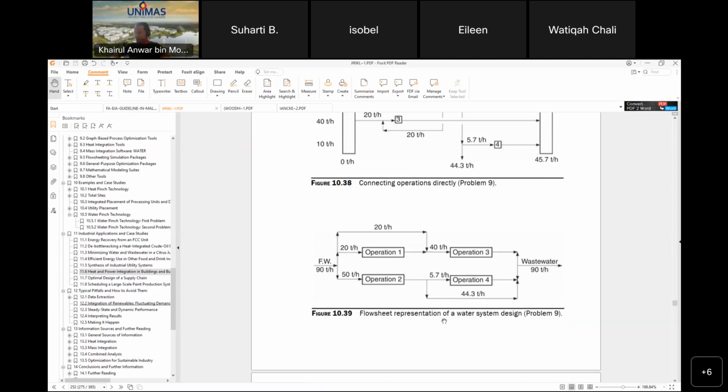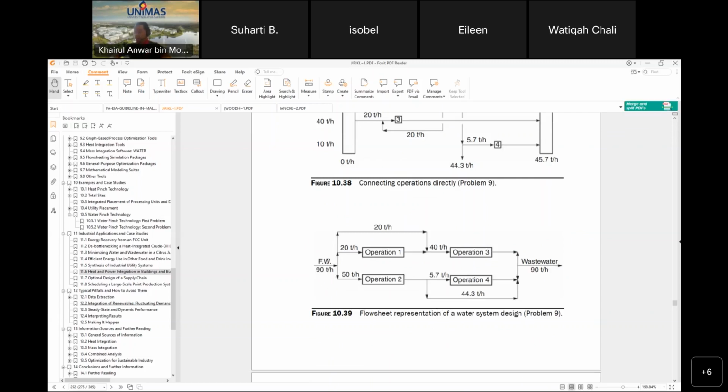Flowsheet representation of a water system design, because this question asks to suggest a design of a network for maximum use of water.